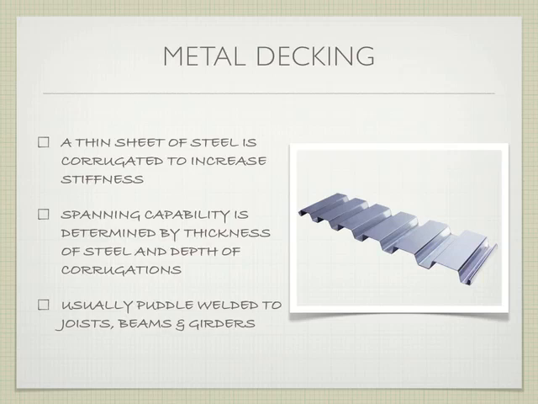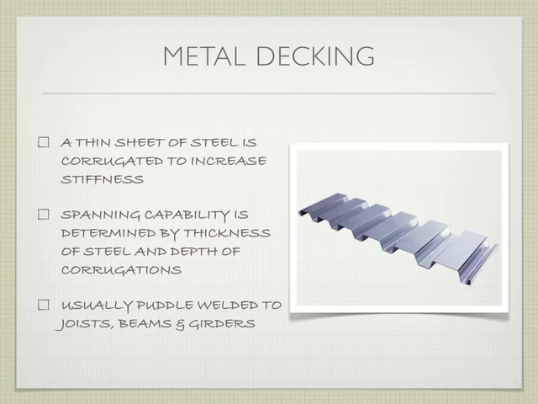But what this is, it starts out as a flat sheet, right? And then we add these little corrugations, right, in this example or up here, and I'll go ahead and pass this around. I don't need this right now. I can point to the pictures. Don't cut yourself, right? The spanning capability of this particular piece, spanning from one beam to another beam, is going to be determined by the thickness of the steel, so the gauge of the steel itself, but also the depth of the corrugations.